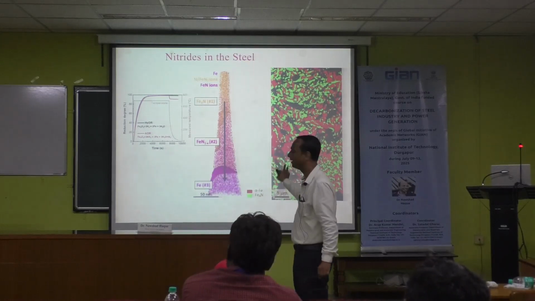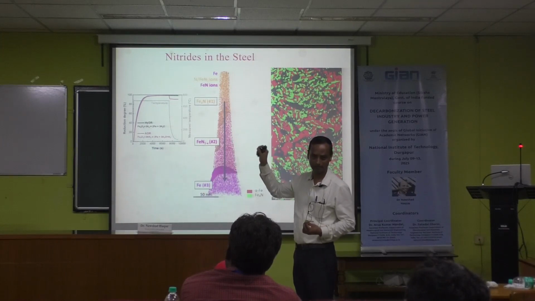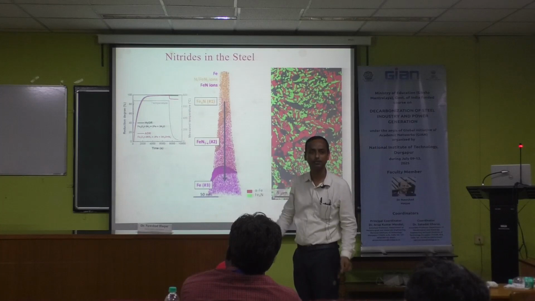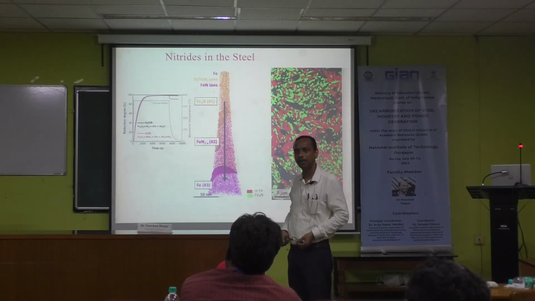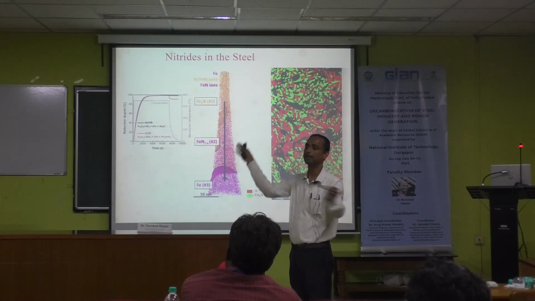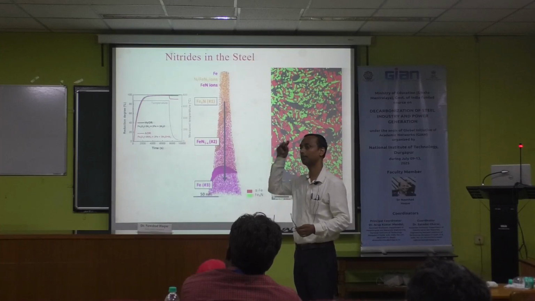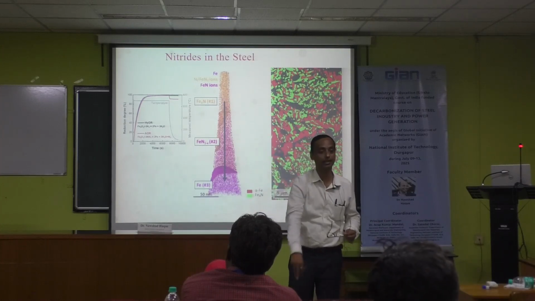DRI may contain gangue materials, SiO2, and so on. Suppose it is 100% pure iron. Then the iron will be pure, but the surface will be nitride. Nitrogen has smaller particles, so it can diffuse in.